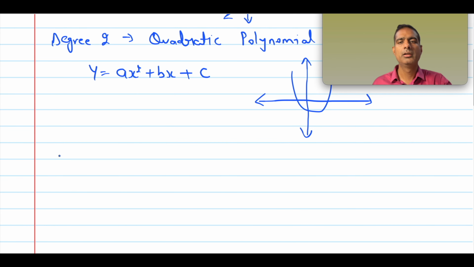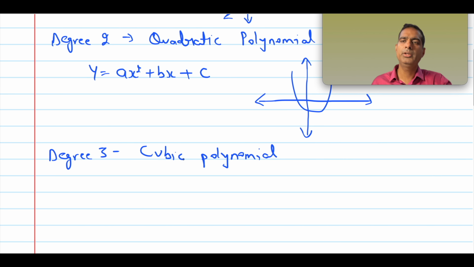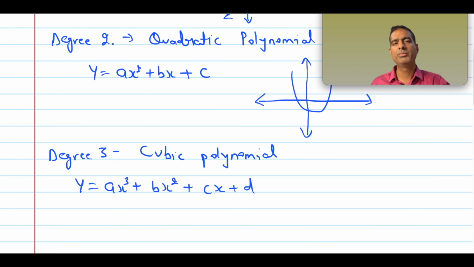Similarly, a polynomial of degree 3, we call it a cubic polynomial. And its basic form can be y is equal to ax cube plus bx square plus cx plus d. So these are some special names of the polynomials depending on their degrees.